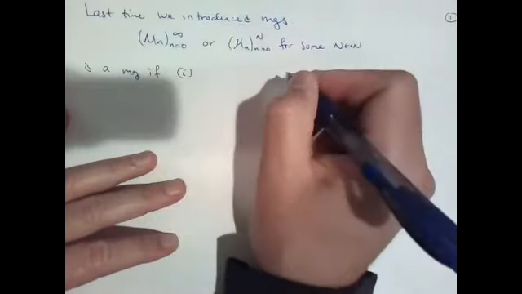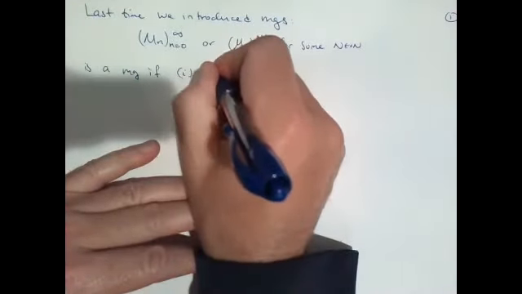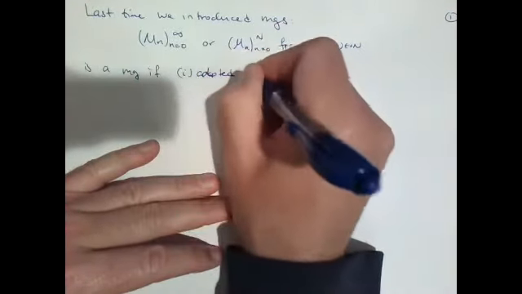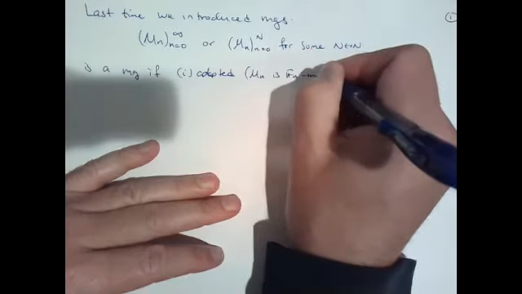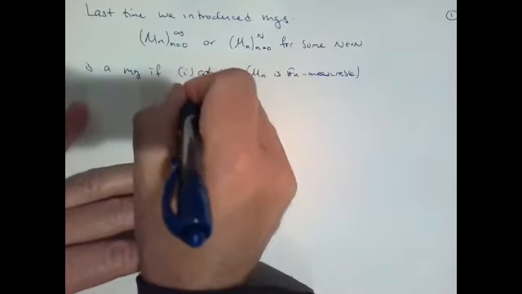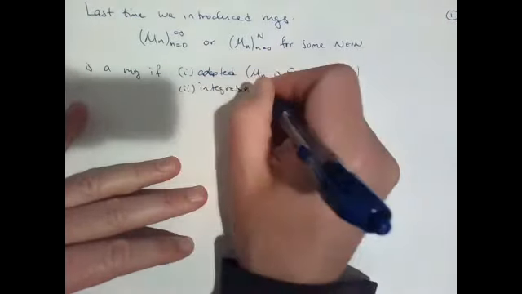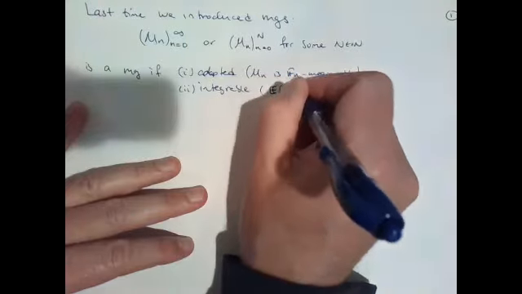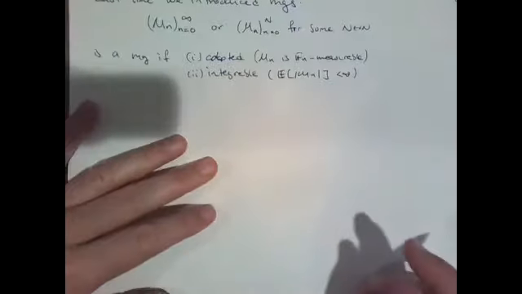Well, one is that it's adapted. So remember that means that Mn is Fn measurable. It's integrable. So that means the expectation of the absolute value of Mn is finite.